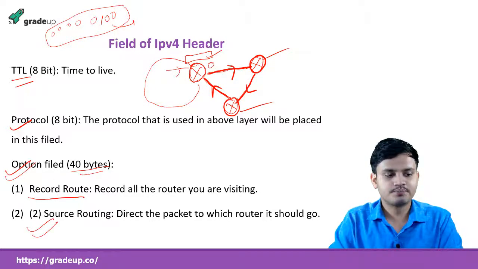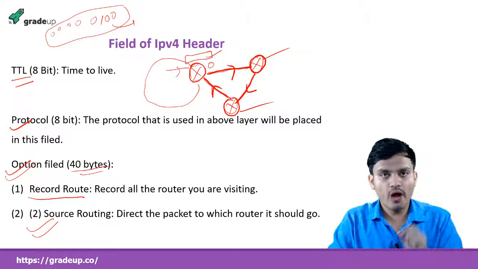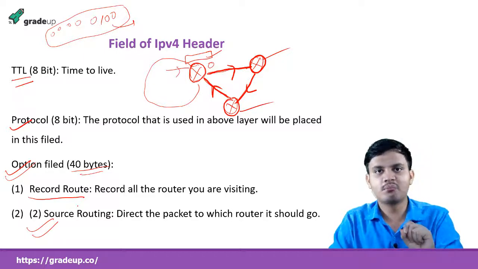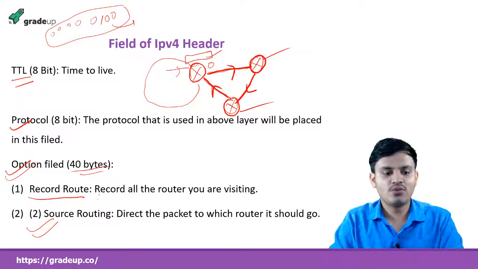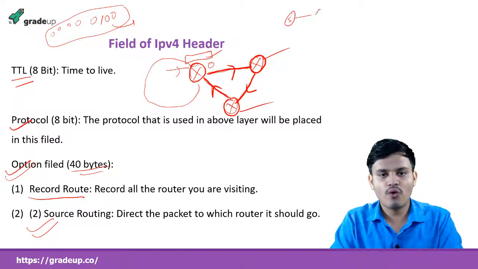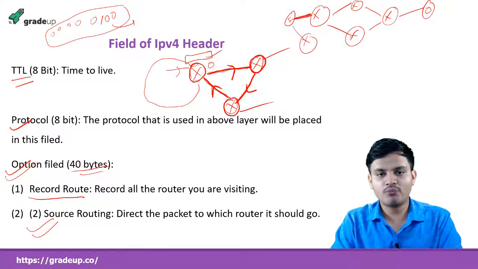And there is source routing. In source routing, you want to send your packet along a specific path. It is of two types, loose source routing and strict source routing. For example, you are the source, and this is a router, and this is a router, and this is a router, and this is the destination, and there are other routers also, but you want to send your packet through this router and this router.